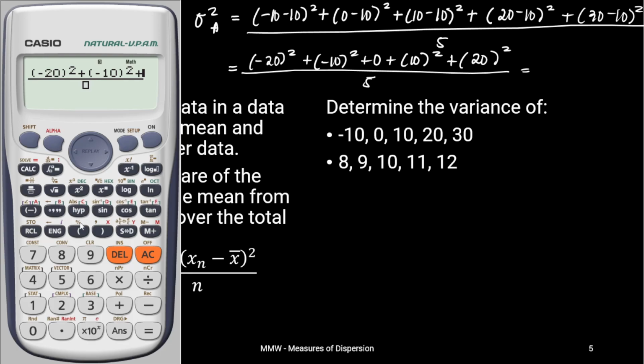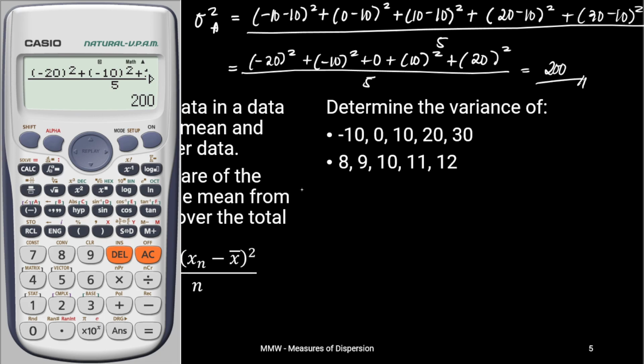Okay, so we have 10 squared plus 20 squared, all over 5. So we have our variance is 200. That's our variance for set A.